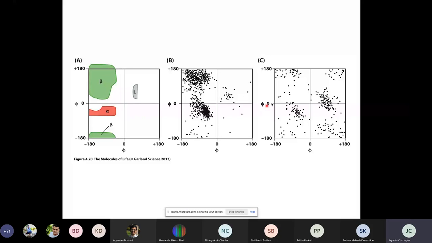Now this is a plot that looks a little different from the previous one. If I'm not wrong, this is probably a glycine plot.